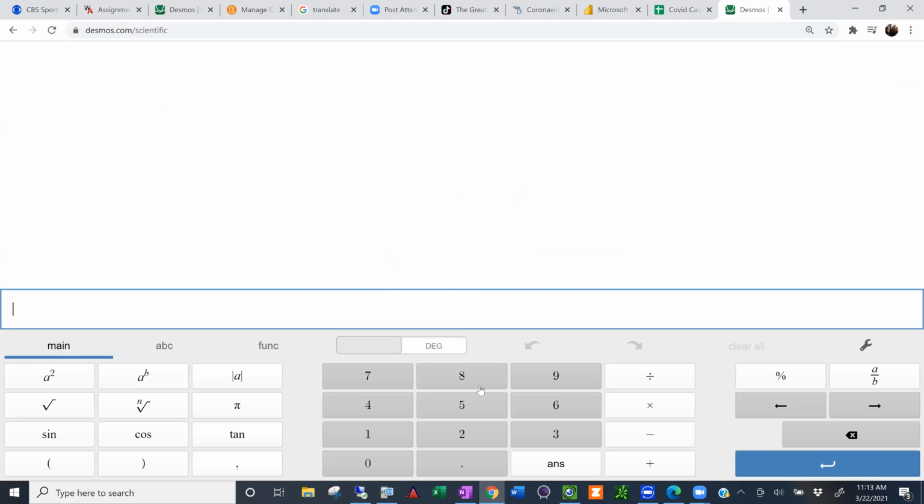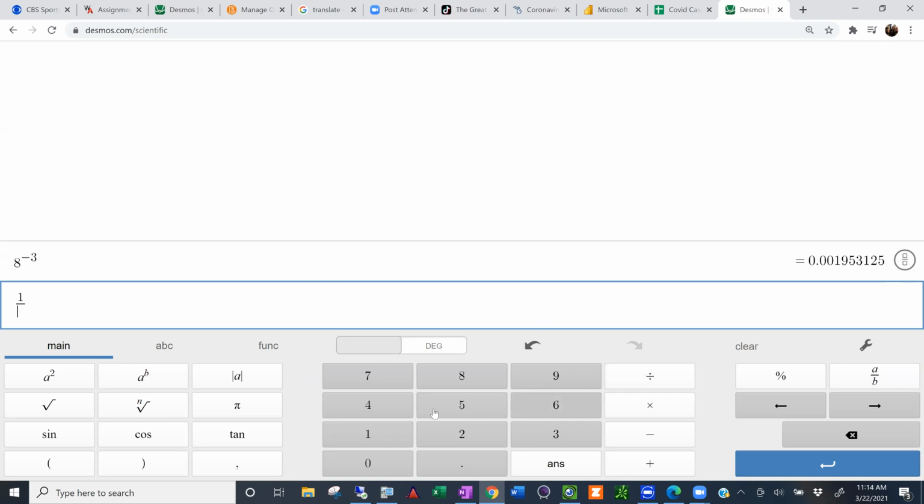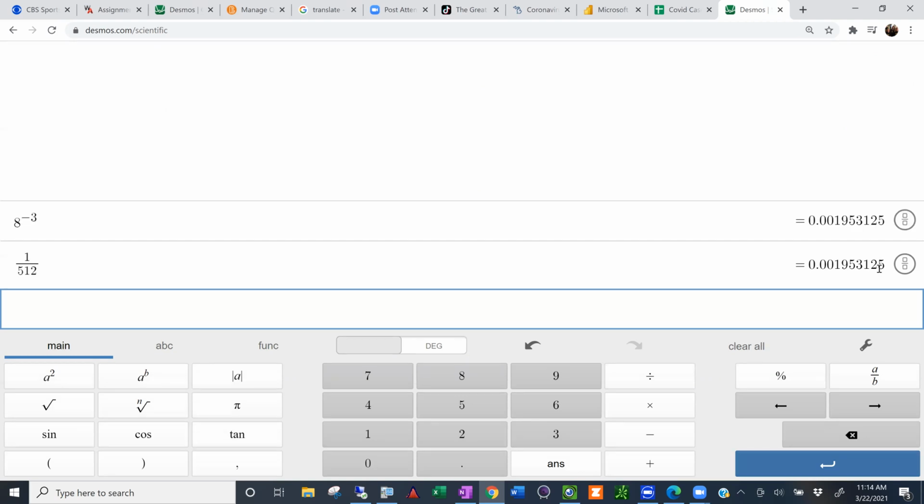So I can do 8 raised to the, I guess I got to use this one, negative 3. Enter. And we'll do, I'm not sure what this does. And then I can do 1 divided by 512 and see that I get the same decimal value.